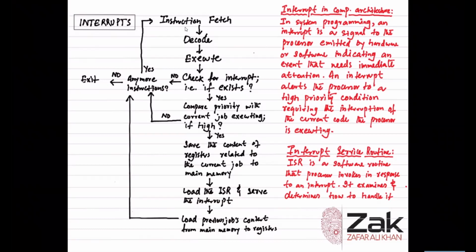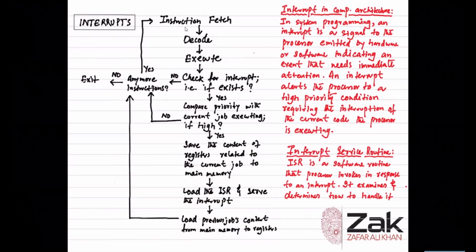And then the ISR, interrupt service routine, is called. That service routine helps the system, meaning the operating system, to handle the interrupt. Afterwards, when the interrupt is handled, the previous program's content from the memory or IAS is restored to the registers, and the execution of the previous program goes on.